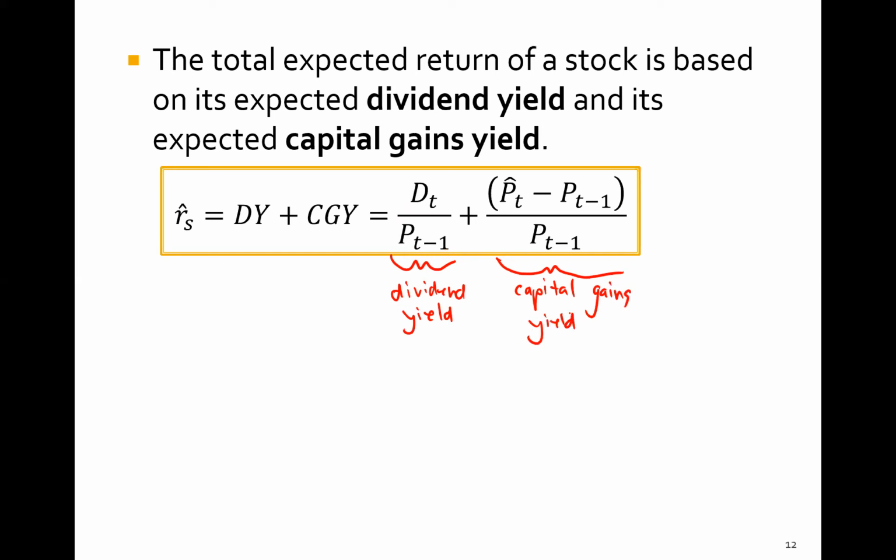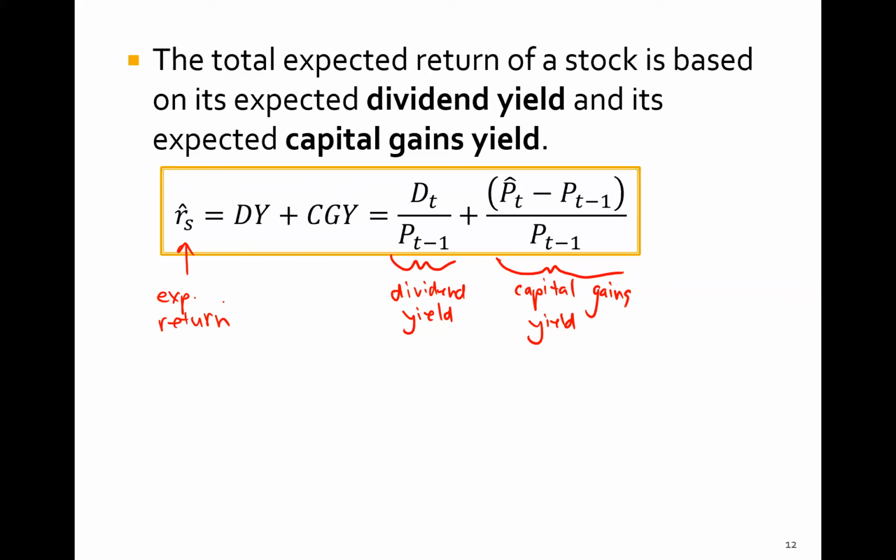Essentially what this model says is your expected return is composed of whatever your expected dividend yield is, plus whatever your expected capital gains yield is.